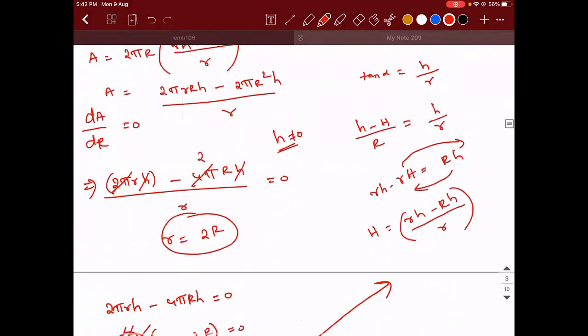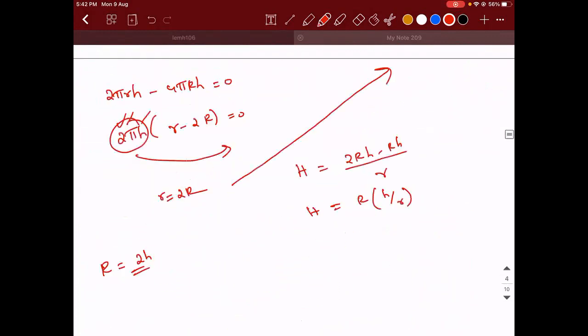We almost solved it. Sorry, I got confused. We need to prove that h by r is equal to 2. Then we'll get the answer.